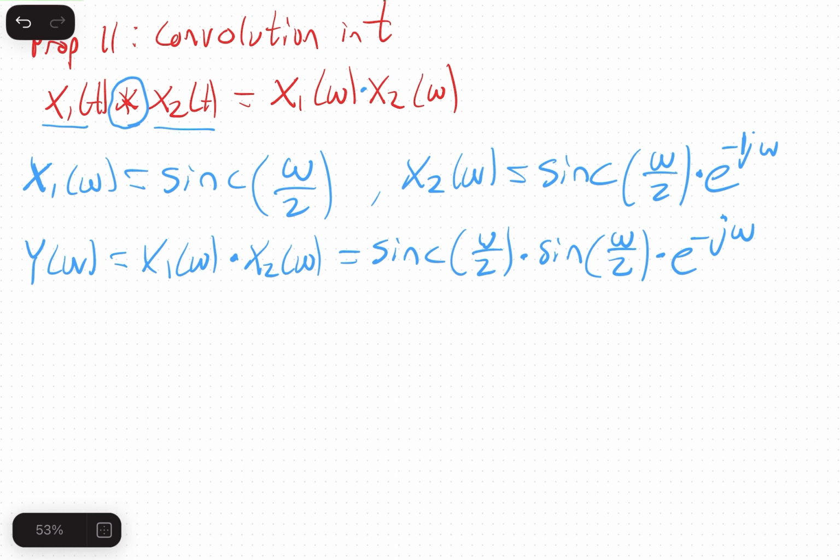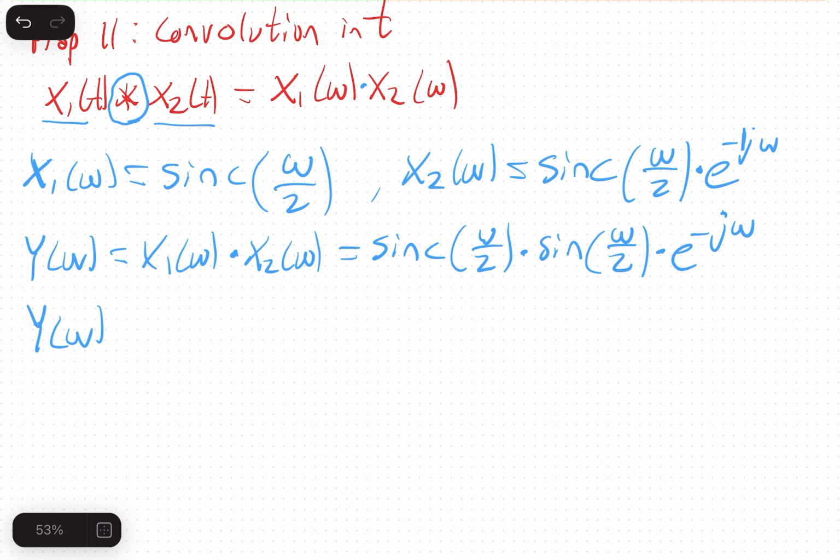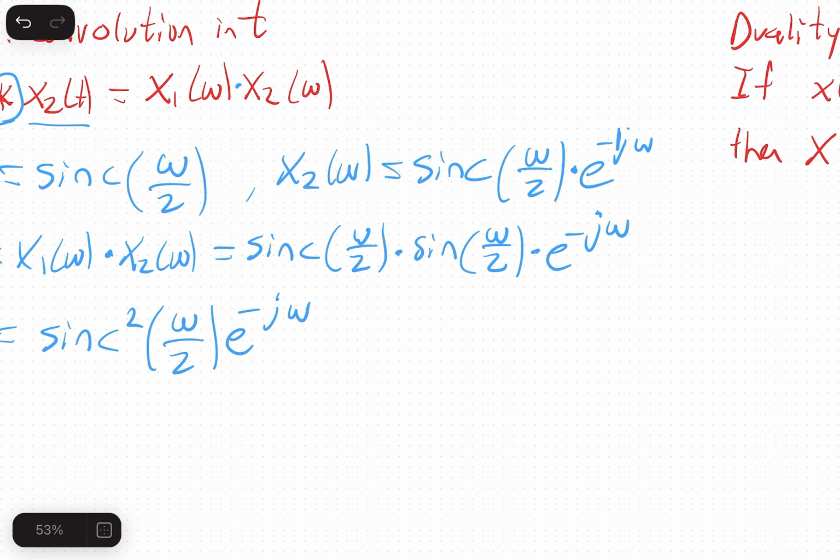So the result, Y of omega, is just going to be equal to sinc squared of omega divided by 2 multiplied times e to the negative j omega, right? As you see, using the Fourier transform simplifies things pretty much. Instead of working with the definition, we can use the properties to simplify the mathematics of what we're actually trying to find. All right.